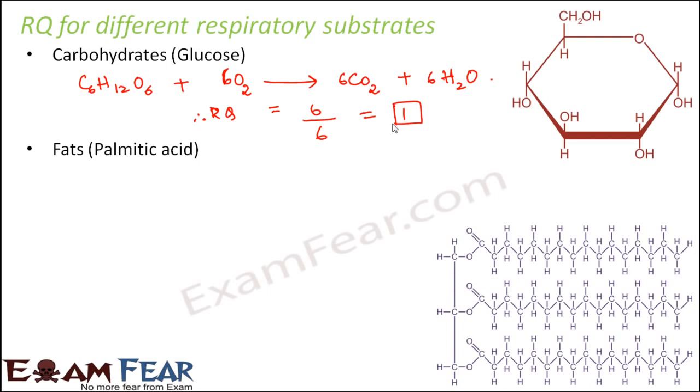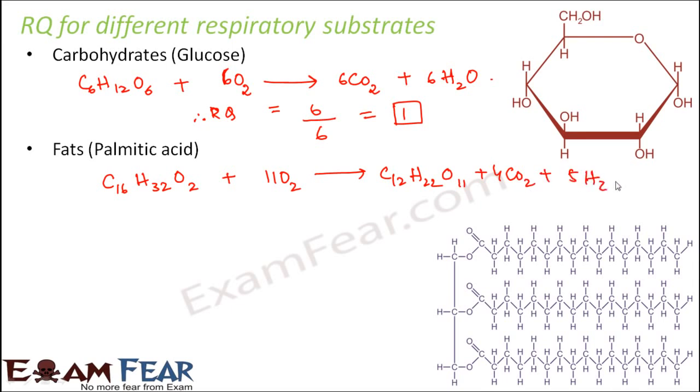Similarly, let us look at fats, for example palmitic acid. It is C16H32O2 plus 11O2 gives C12H22O11, which is sucrose, plus 4CO2 plus 5H2O.